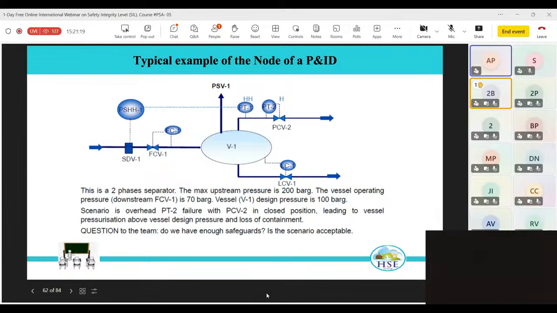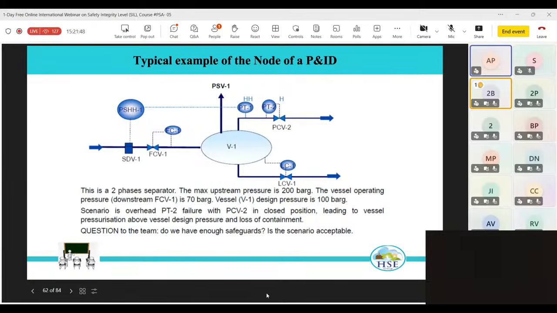So let us now see, this is not a participating session, so I will dictate what is going to be the recommendation. Here, the first, as I said, we are going to do the analysis without safeguards. So the hazard is that PT2 having shut down PCV2, the pressure in V1 is going to rise.